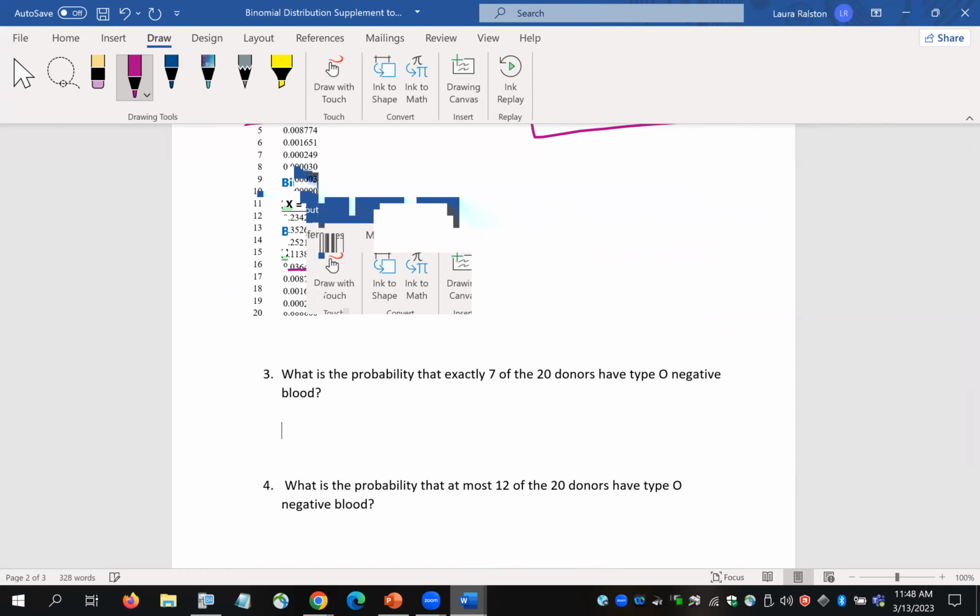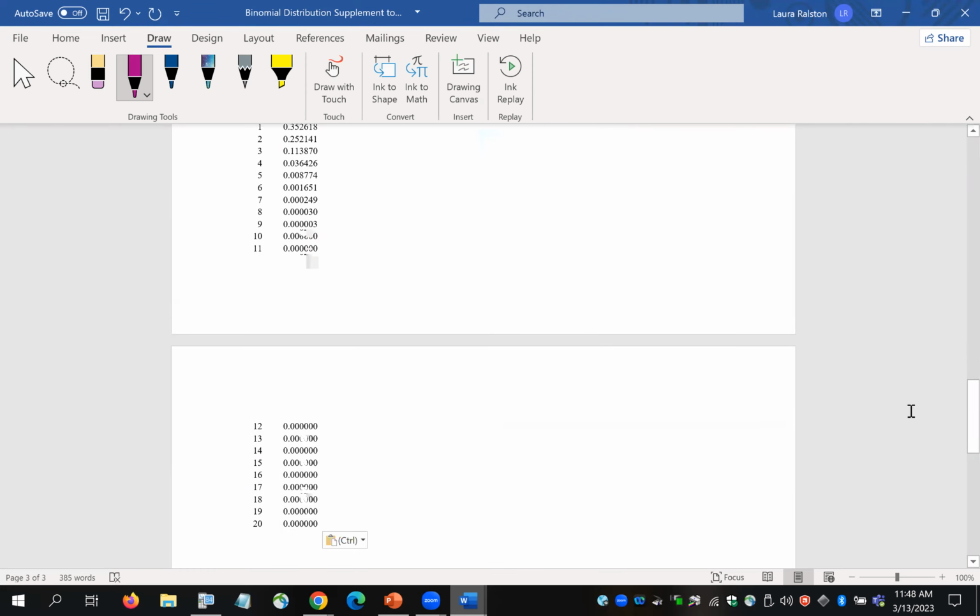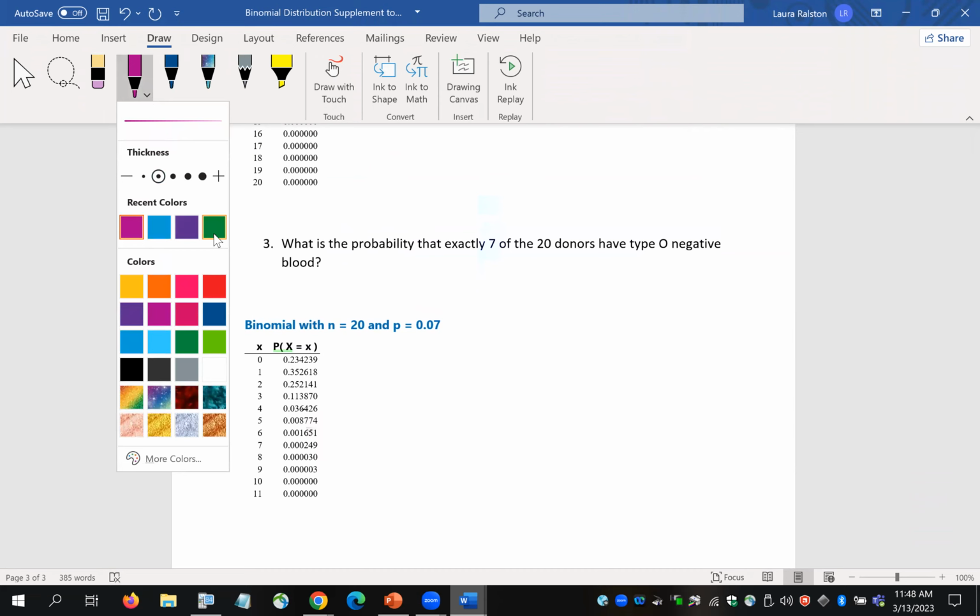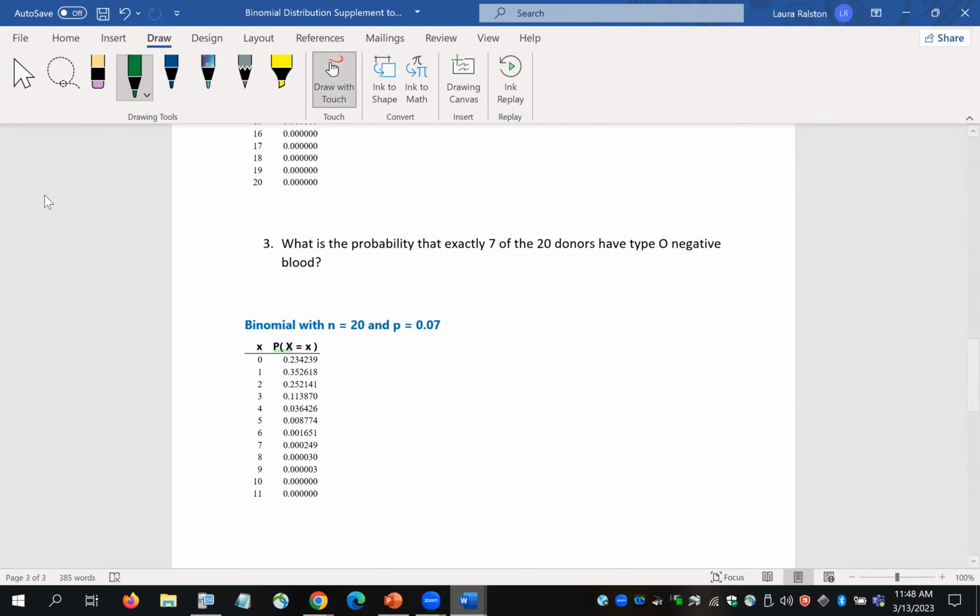Okay, question 3, same scenario. So I've already got the table. It says, what is the probability of exactly 7? So this is the probability that X equals 7.